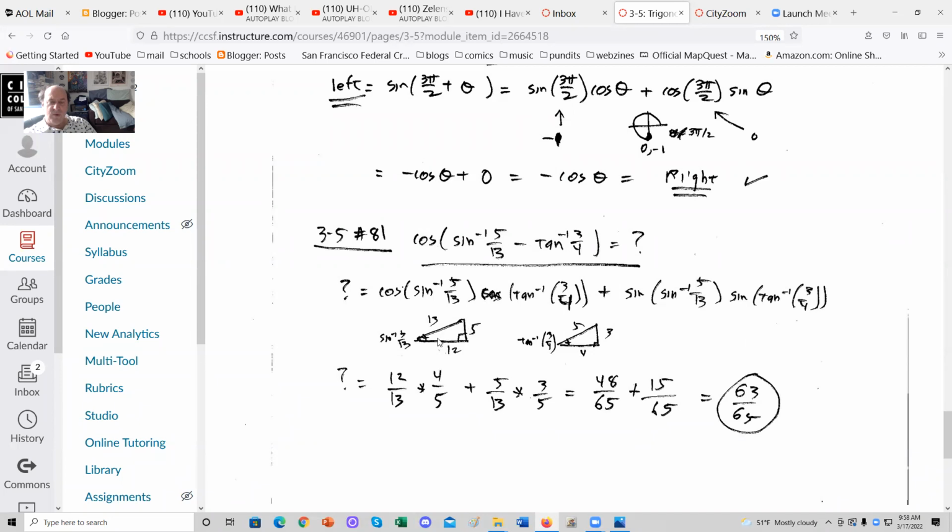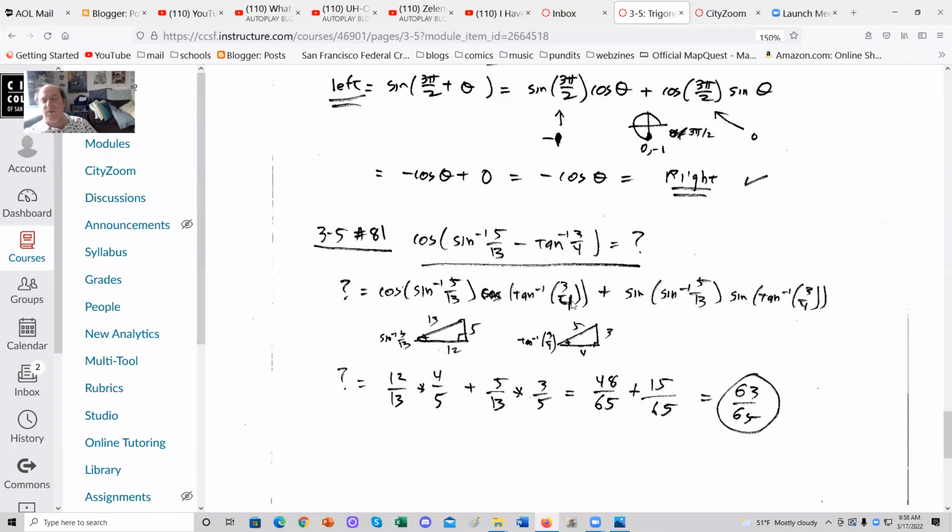So I draw some test triangles. Here's a triangle whose angle here is arcsine of 5/13. So we put a 5 opposite and a 13 on the hypotenuse. And by a bit of Pythagoras, it follows that this side is 12. And so cosine of arcsine 5/13 will be adjacent over hypotenuse, 12/13.